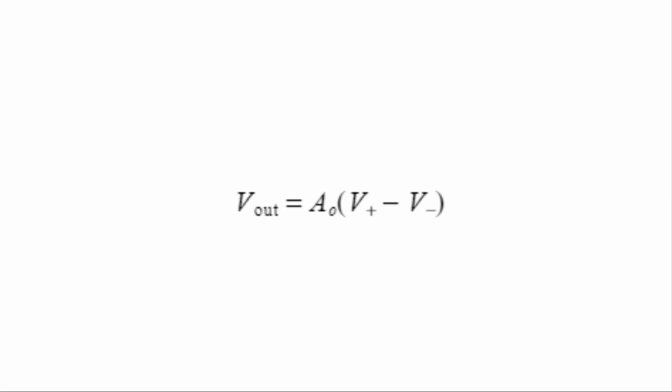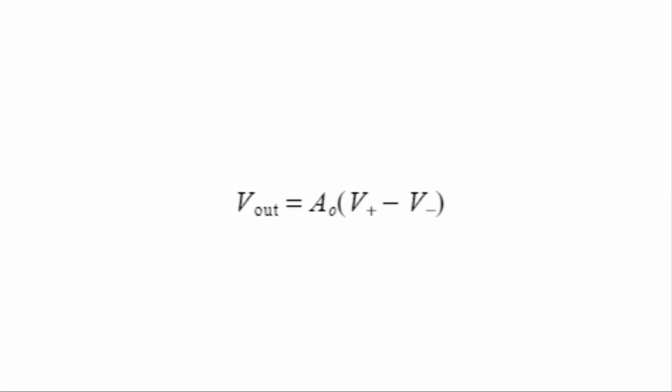So V out equals the gain times the non-inverting input minus the inverting input. This expression is for an ideal op-amp that acts as an ideal voltage source and supplies an output exactly equal to the equation. But for real op-amps, though, these must take into account the non-ideal features of an op-amp, such as its input resistance and output resistance.